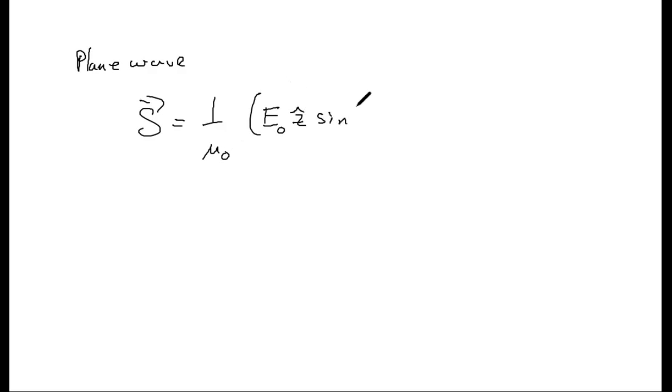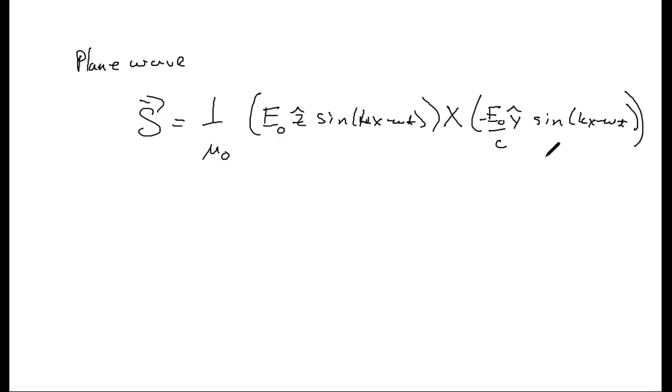If we evaluate this on the plane wave solution, we would say S equals 1 over mu naught times E cross B. That's E naught z hat sine of (kx minus omega t), crossed with the magnetic field, which was E naught over c times y hat, with a minus sign. And z cross y gives us a minus sign.